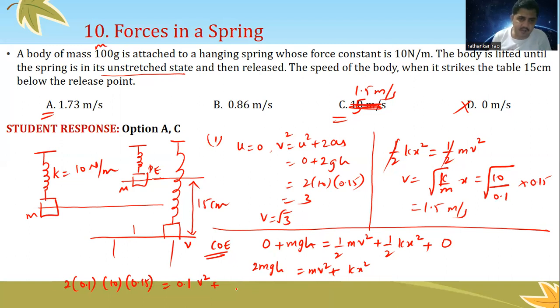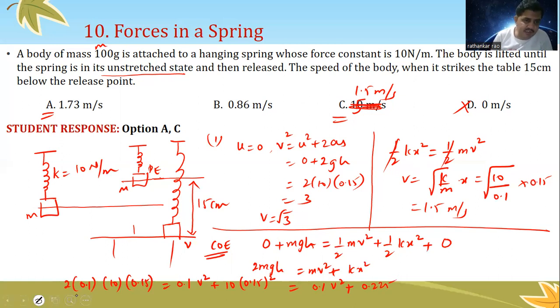What is the value of k? 10. 10 into, what is x? 15 centimeter, which is 0.15, squared. So I can once again write this as 0.1 v squared plus, how much is this? 0.0225 multiplied by 10 should be 0.225. This is what I should get.